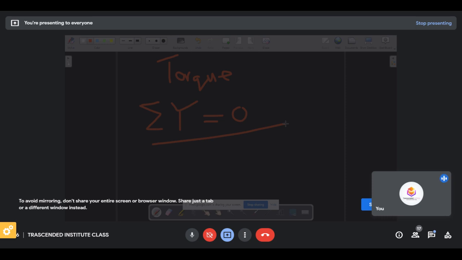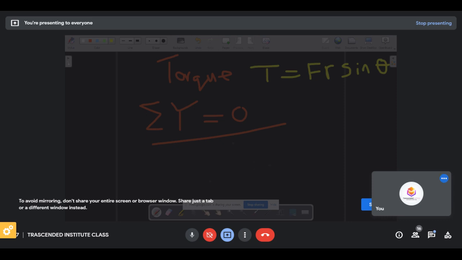I believe from your rotational motion you covered the torque. How is the torque calculated? The torque is calculated as the product of force, radius, and sine of the angle, that is the angle of action between the force and the radius.